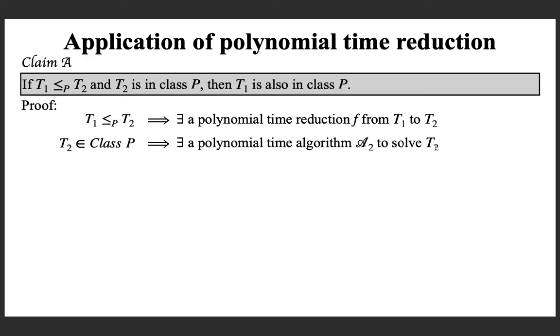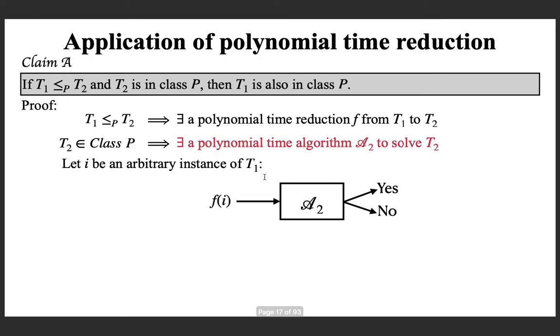Okay, now we are going to utilize this algorithm to obtain a solution for the problem T1. Let I be an arbitrary instance of the problem T1 for which we need to have an algorithm. Now note that there exists a polynomial time deterministic algorithm A2 for deciding the problem T2.